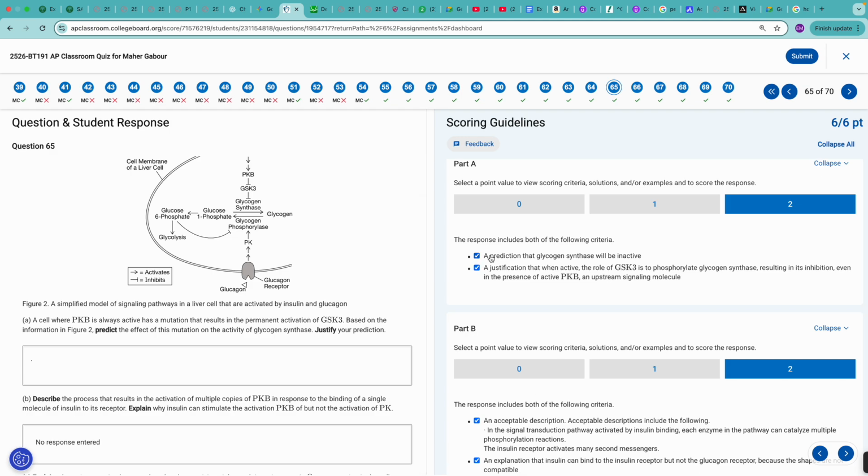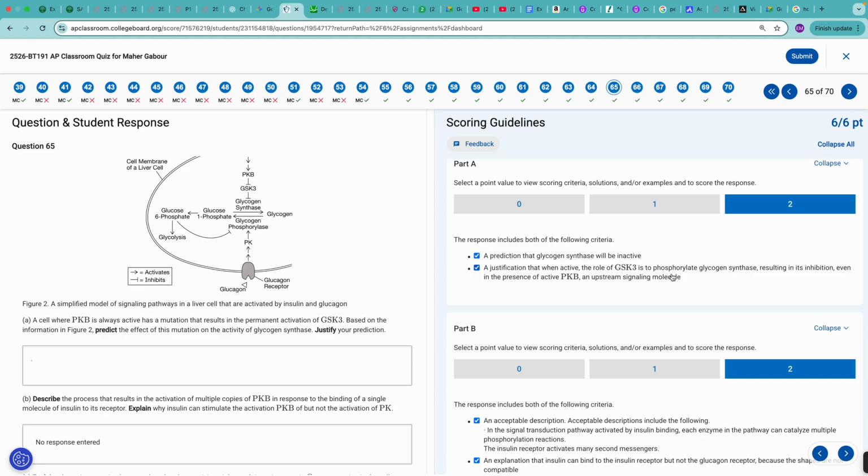So this is the marking scheme. Glycogen synthase will be inactive. The role of GSK is to phosphorylate glycogen synthase, resulting in its inhibition, even in the presence of active PKB. And yeah, so make sure you write inhibition.